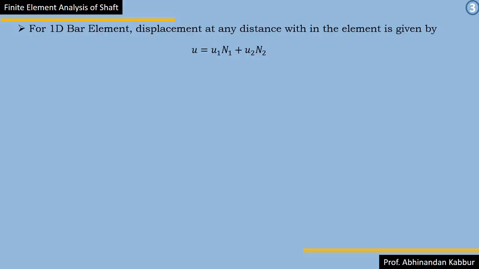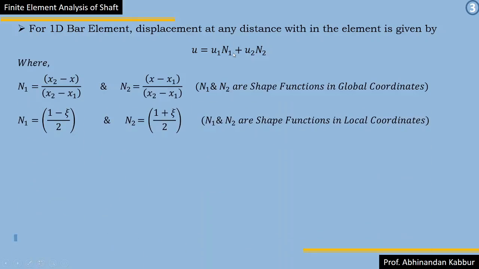That means we calculate the displacement at any random distance with the help of the shape functions n1 and n2. Those n1 and n2 in terms of global and local coordinates are mentioned here. If n1 and n2 are in terms of x, they are global coordinates, and when n1 and n2 are in terms of zeta, they are local coordinates.